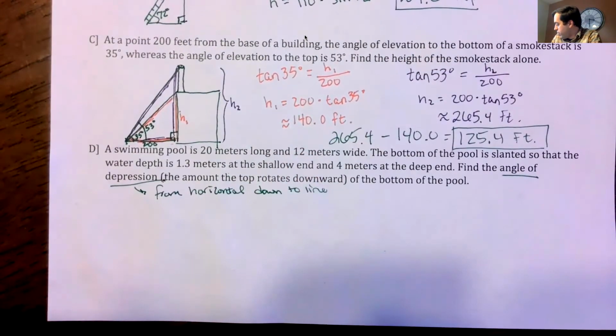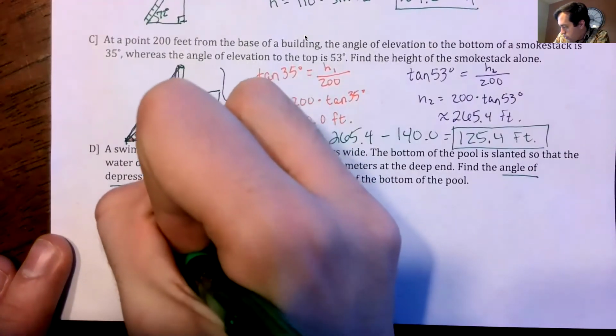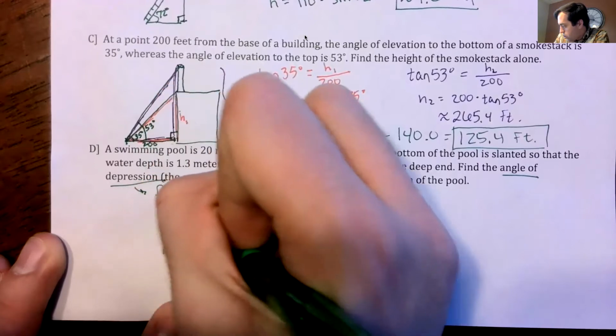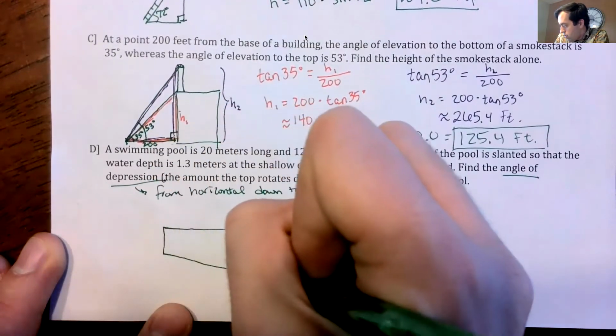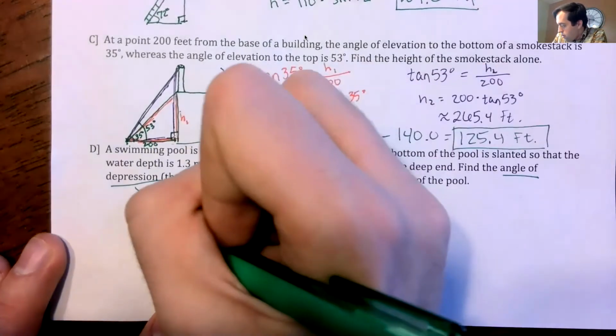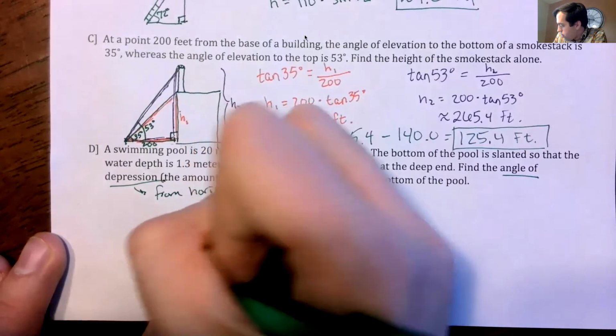Okay, so let me show you what I mean here. So let's create a sketch. This is going to be a swimming pool. I'm going to be showing you what it looks like from the side. And I'm going to try my best to make this look 3D. We'll see how it works.